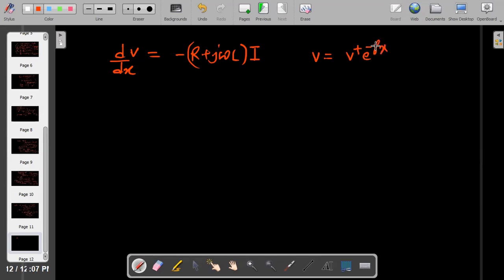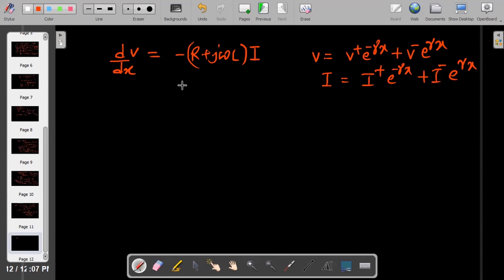Let's say phasor form we are taking; we are not dealing with time domain, only space domain. Another is V minus e to the power plus gamma x. Very simple, right? And I is nothing but I plus e to the power minus gamma x plus I minus e to the power plus gamma x.